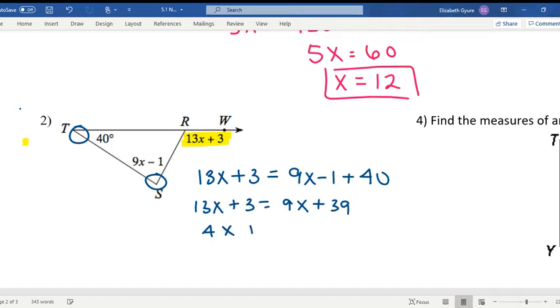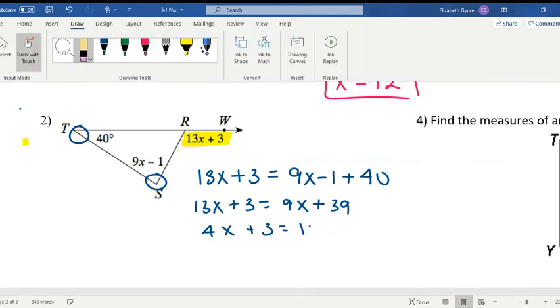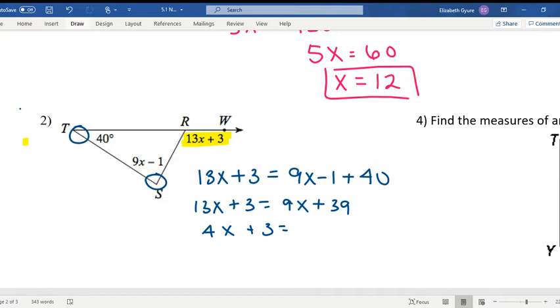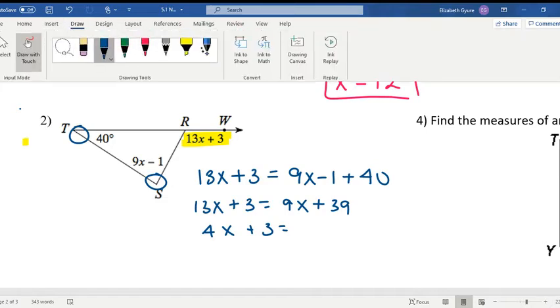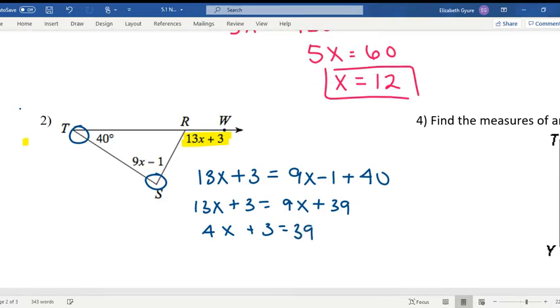That'll give us 4x plus 3 equals 39. Then what should we do? Yep, I would subtract the 3. 4x equals 36, and then divide to get 9.